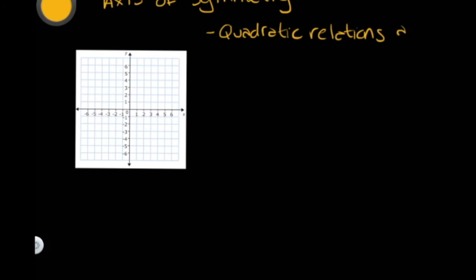All right, the last thing I need you to know in our intro to quadratics is about the axis of symmetry. So it's important to know that quadratics are symmetrical. So it's kind of like a mirror image.